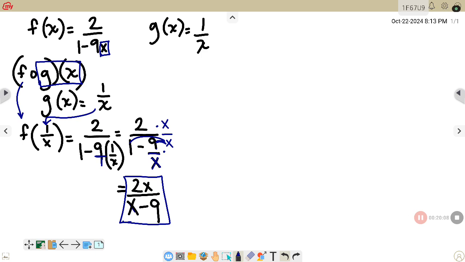So now we are going to find the domain of f of g of x. Remember the two places that you look for restrictions. The final answer, which I do have a restriction because there is an x in its denominator. That means that denominator, which is x minus 9, cannot equal 0.